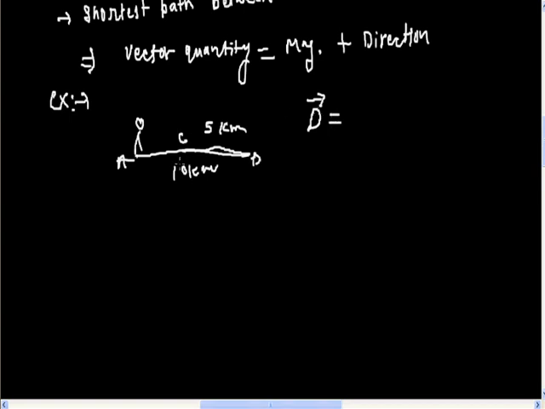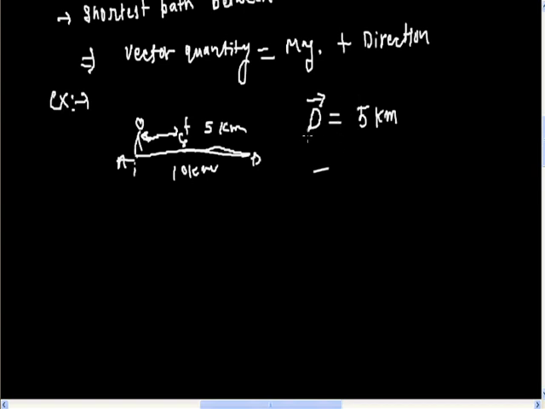Now we go to the definition. The definition tells the shortest distance between initial and final position. Initial position is A. Final position is C. The shortest distance is this, and this distance is the displacement. We have to calculate this distance, and it is equal to 5 km. But your answer is not completely right, because you have to tell the direction.